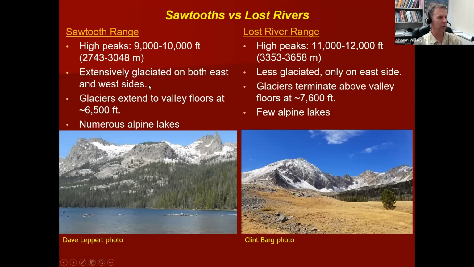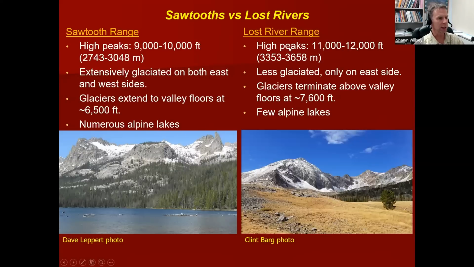They show evidence for large, very thick glaciers that extended from the high peaks all the way down to the valley floors, down to an elevation of about 6,500 feet. If you spend some time in the high country of the Sawtooth, you know that one of its beautiful characteristics are the alpine lakes. There are probably hundreds of these high alpine lakes. And we also have lakes down in the valley as well, behind some of those moraines that we'll look at.